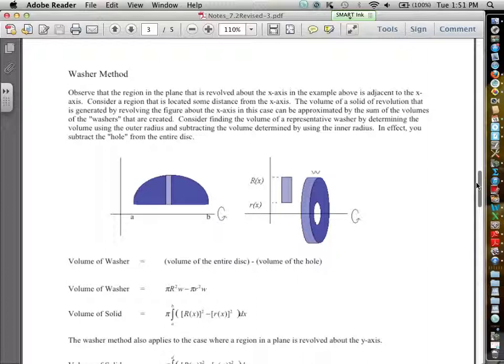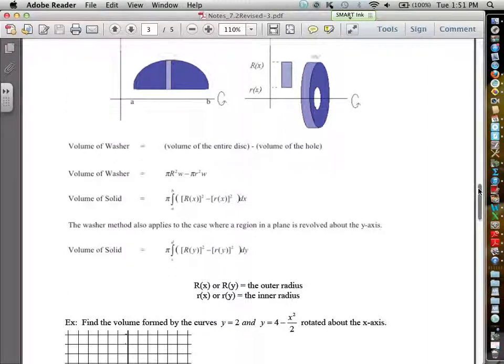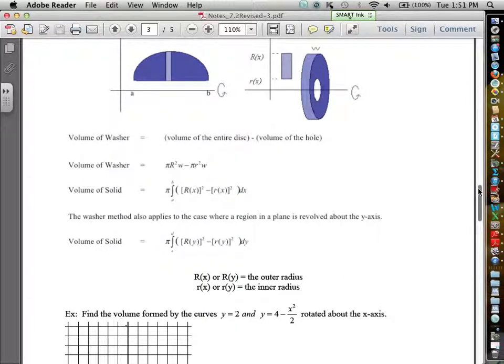So it's going to be the big radius squared times pi minus the little radius squared times pi. Remember, this little w here is just the width of each of these discs, and we're going to make that width really small so that when we stack all of those washers up, we get an exact value, and that's the integration part.